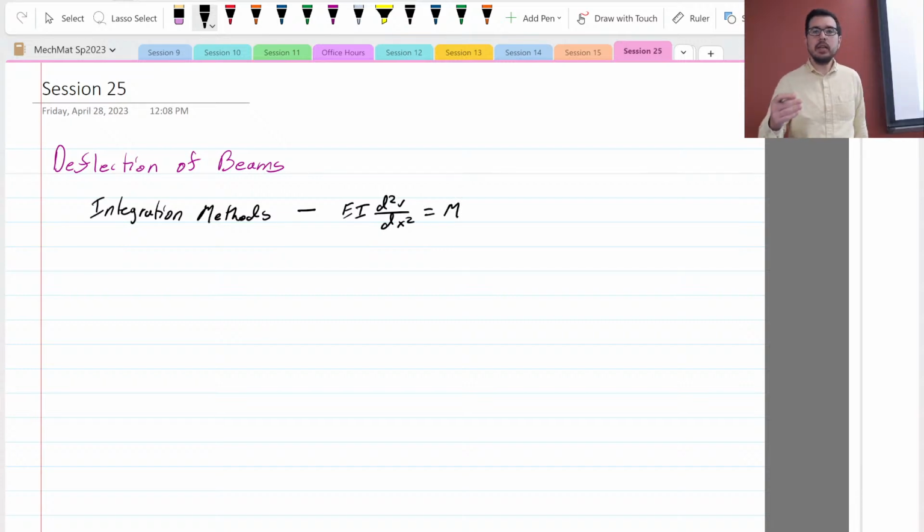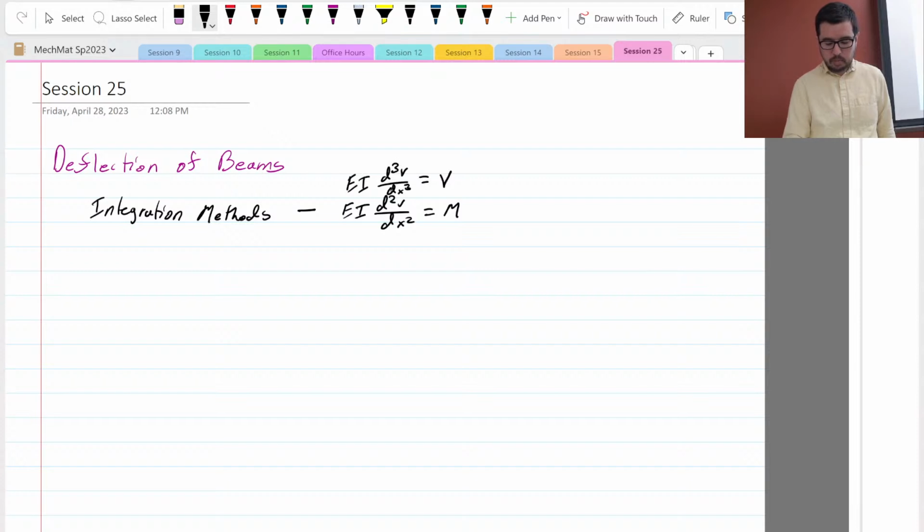So integration methods refer to taking this equation at its different levels to integrate up and solve for the appropriate constants, using the appropriate boundary conditions and continuity. Okay. So going up, we can say that we have that, and then going up one more level, we have that, right?